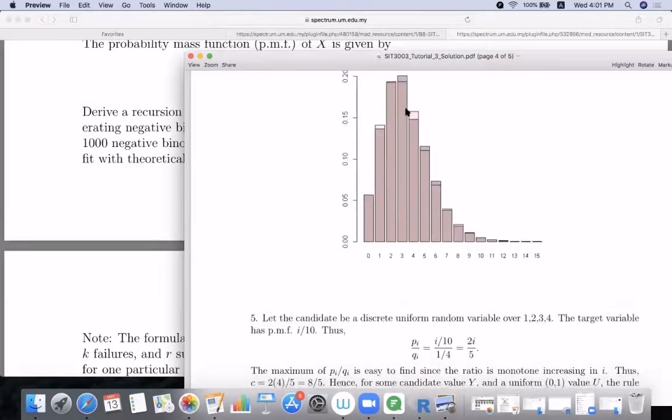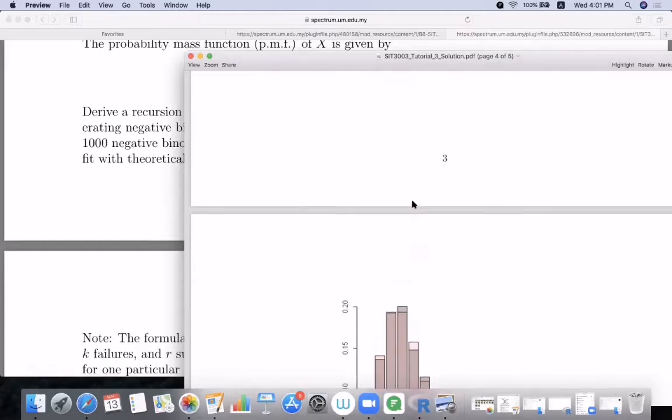So if your observed and the expected probabilities are about the same, then you don't see much of a discrepancy here, right? So these are some discrepancies, right? So this fit is actually quite good. Okay, you will not get a perfect fit because you are doing simulation, right?